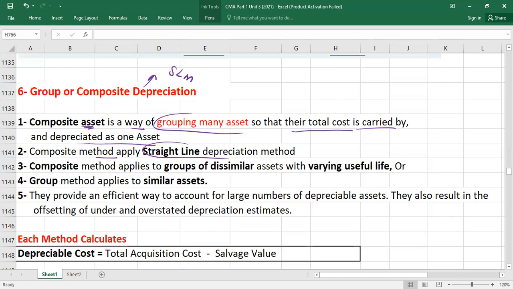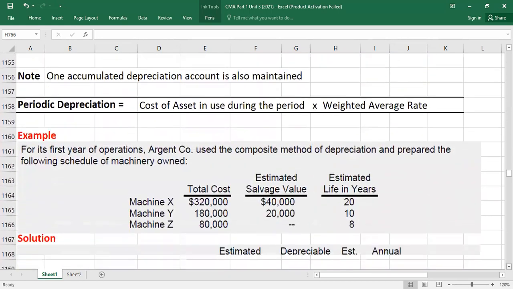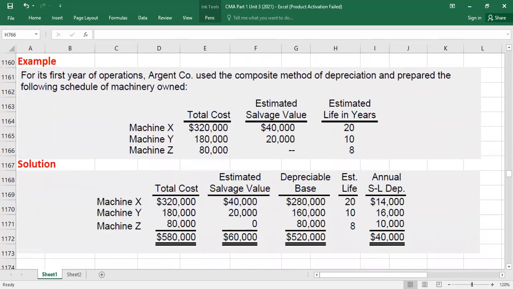So here we go. Let's have a look with the help of an example. Straight away, I will explain with the help of an example. Then what formulas are there, I will explain with the example. For example, for its first year of operations, a company used the composite method of depreciation and prepared the following schedule of machinery owned.